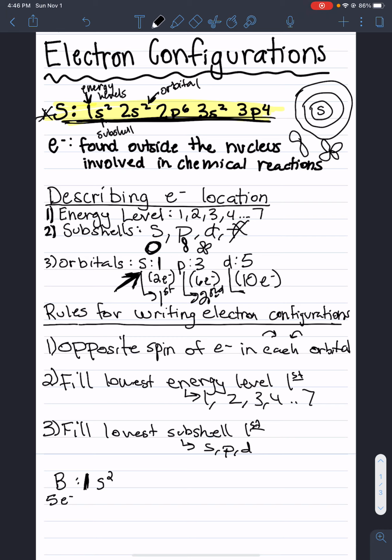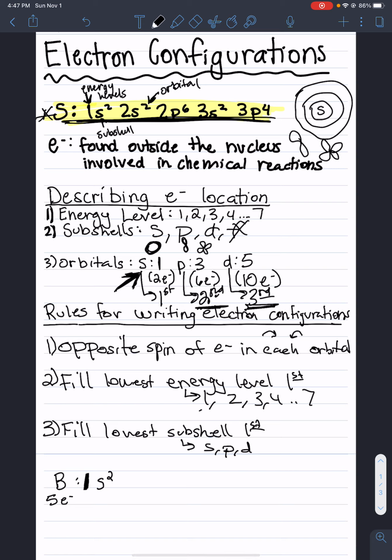And D isn't going to happen until the third one. So right here we have a 1s2. We're never going to have a 1p. P is always going to start at the second one. And we're never going to have a 2d. D is always going to start at the third one. Okay, so we have a 1s2. Then we have to move on to our next energy level because there's not going to be a P or a D in 1.